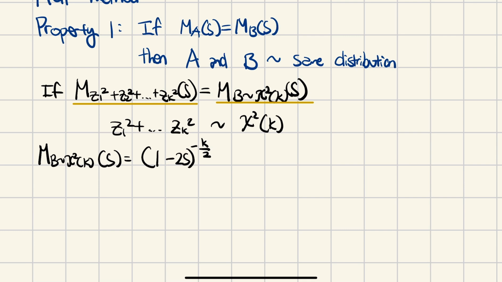To find the second part, we have to use another property of MGF.